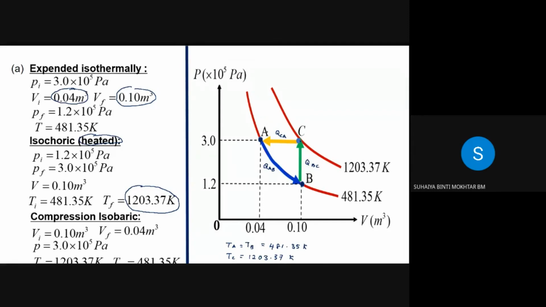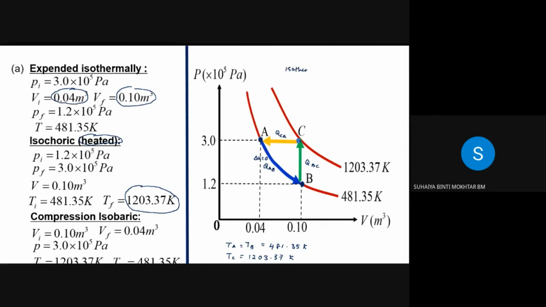Okay, so case isothermal, here isothermal, the delta U is equal to 0, right? So it means that Q dia, QAB here equals to WAB, equals to work done. So work done case kita isothermal, so we use equation work done here equals to what?